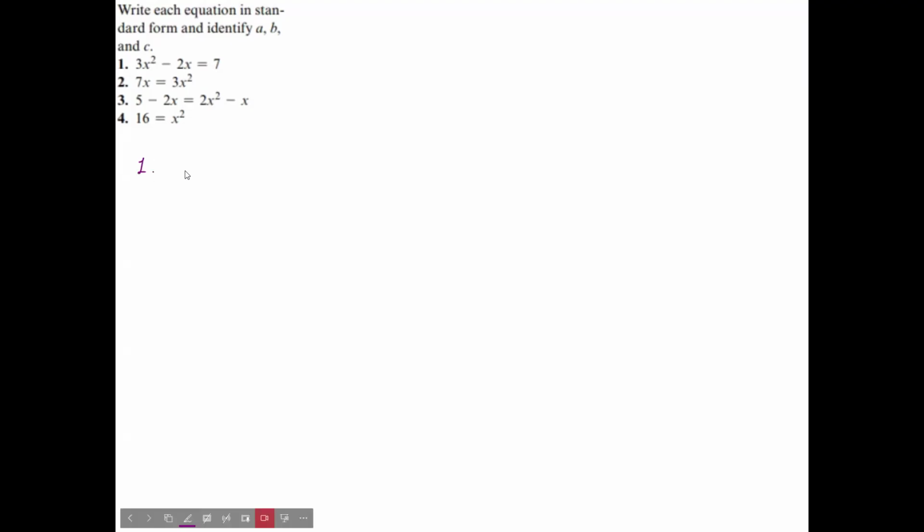So what do we have here? 3x squared minus 2x minus 7 is 0. Means a is 3, b is minus 2, c is minus 7. Next, 3x squared minus 7x equals 0.